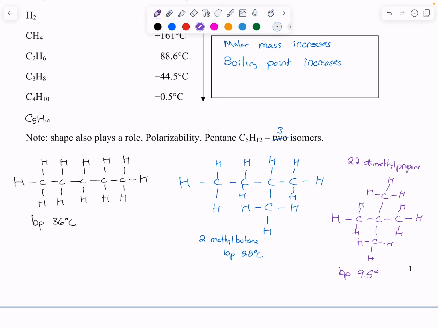It's less polarizable. The more polarizable we are, the higher the boiling point, which means the stronger the intermolecular forces. So that's what London dispersion forces are. The heavier the atom or compound is, the more London dispersion forces we have.